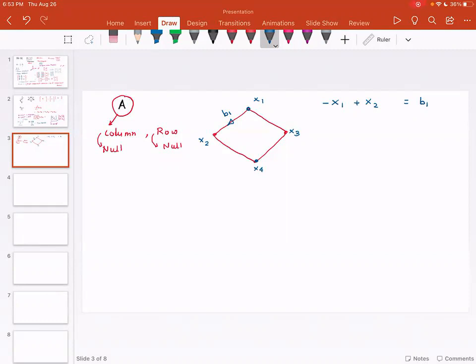How many edges do I have? 4 edges. Now, can you see that these nodes can go away from each other or come closer depending upon B1, B2, B3, and B4? Do you agree with me?